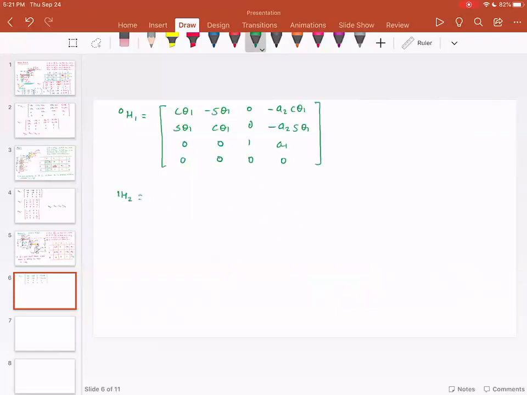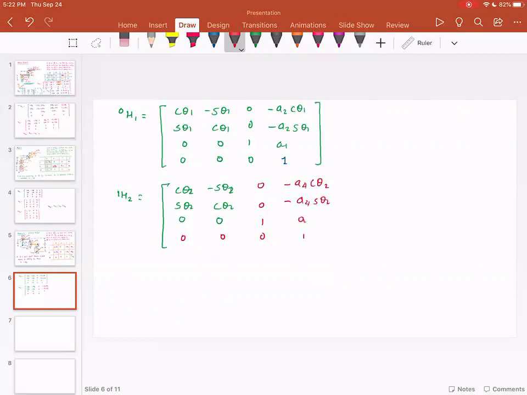1h2 is cosine theta 2, minus sine theta 2, sine theta 2, cosine theta 2, 0 0 0 0 0 0 0 1 0, minus a4 cosine theta 2, minus a4 sine theta 2, 0.